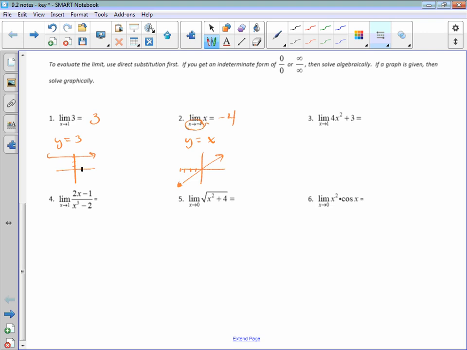So what do you think I'm going to do with that x approaching 1? Yeah, so 4 times 1 squared plus 3, what do I get? I heard 7 and I heard 19. Yeah, he's right. Everyone go to being 7.